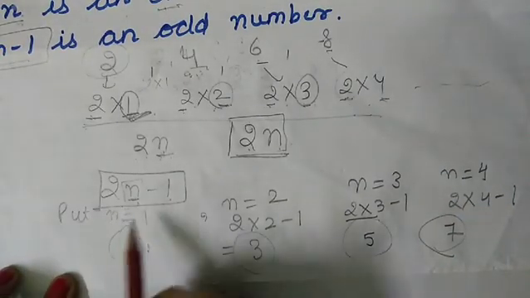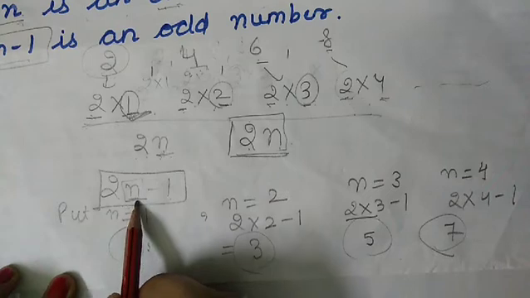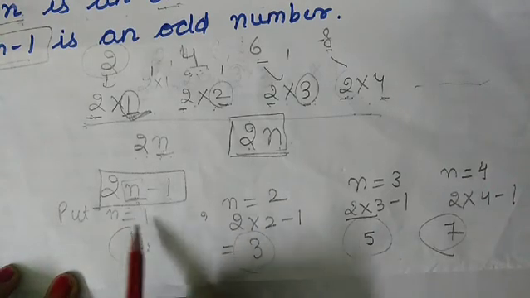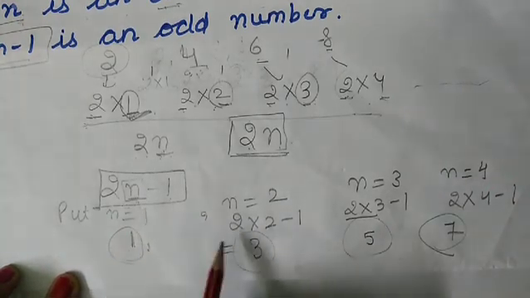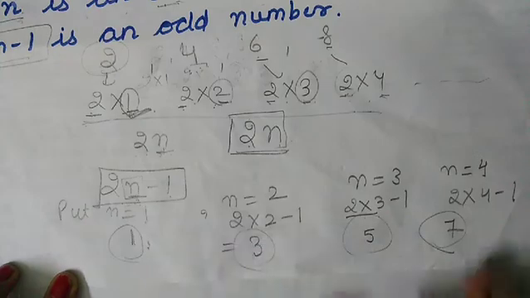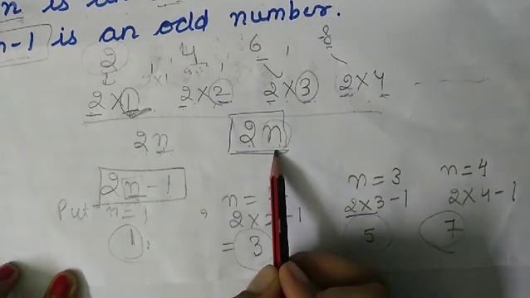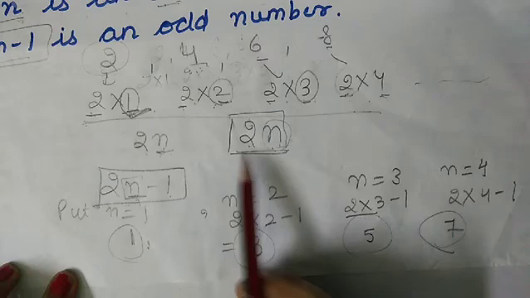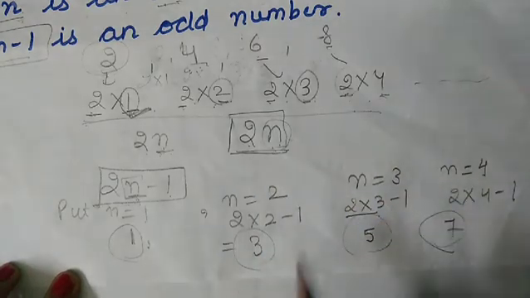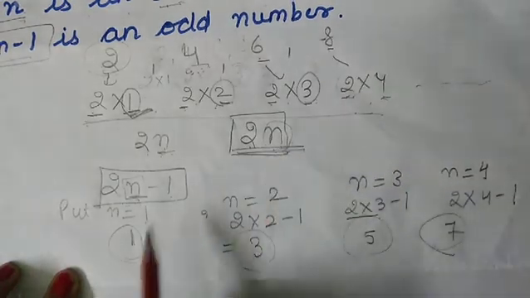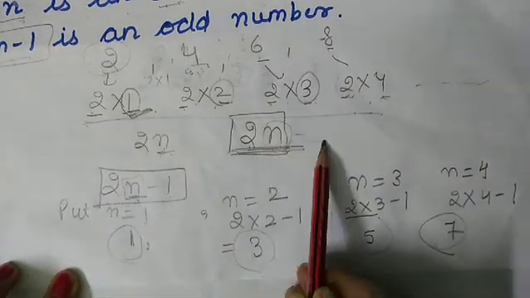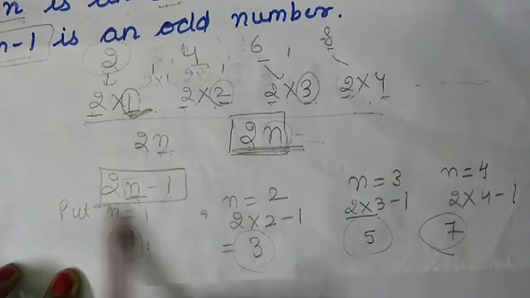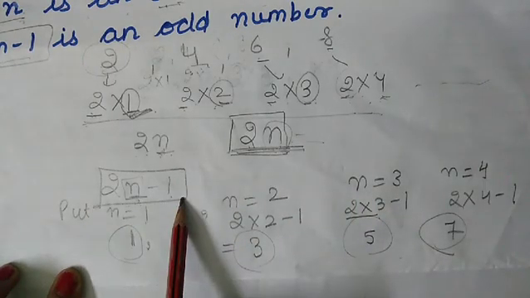If I put the values of n as natural numbers starting from 1, I will get the series of odd numbers. And if I put n equals 1, 2, 3 and so on, I will get the series of even numbers. So the general form will be 2n for even natural numbers, and 2n minus 1 for odd natural numbers.